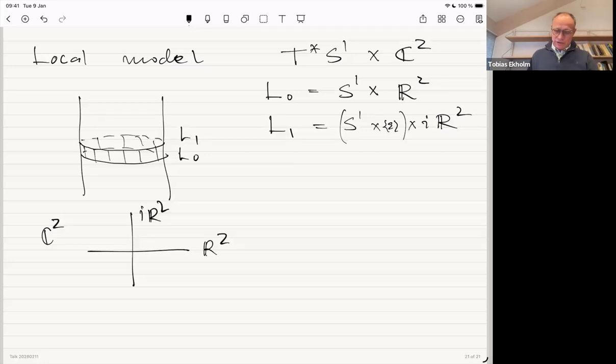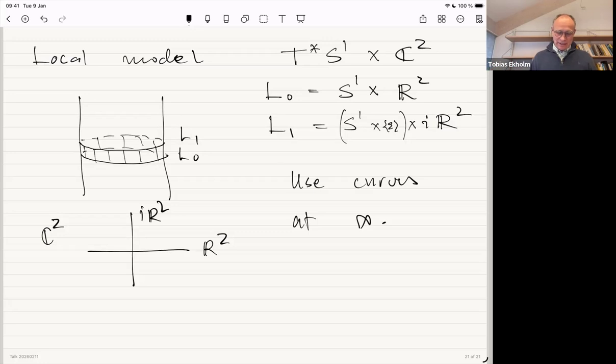The idea is we use curves at infinity. So we now need to understand what do these L0 and L1 look like at infinity. It's not so hard to see in this case, because somehow the S1 direction is not so relevant.